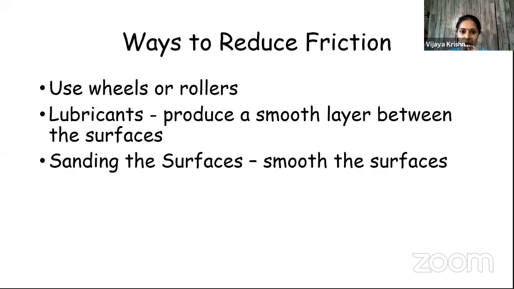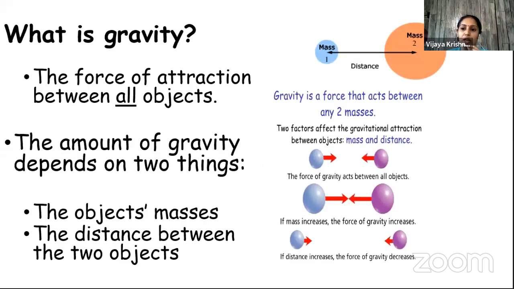The next thing that we are going to look at is gravity. So what is gravity? Gravity is a long range force which is not a contact force, and it is a force that is going to attract all objects, and it depends on the object's mass and the distance between the two objects.